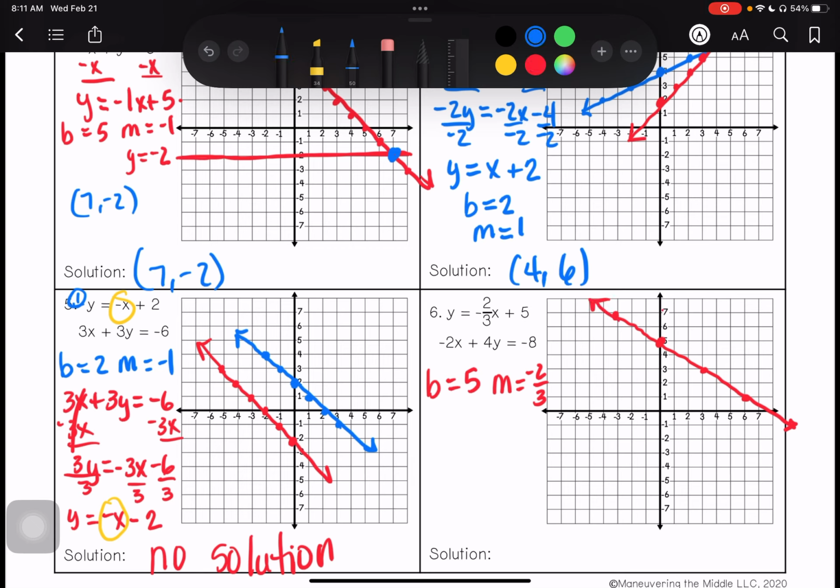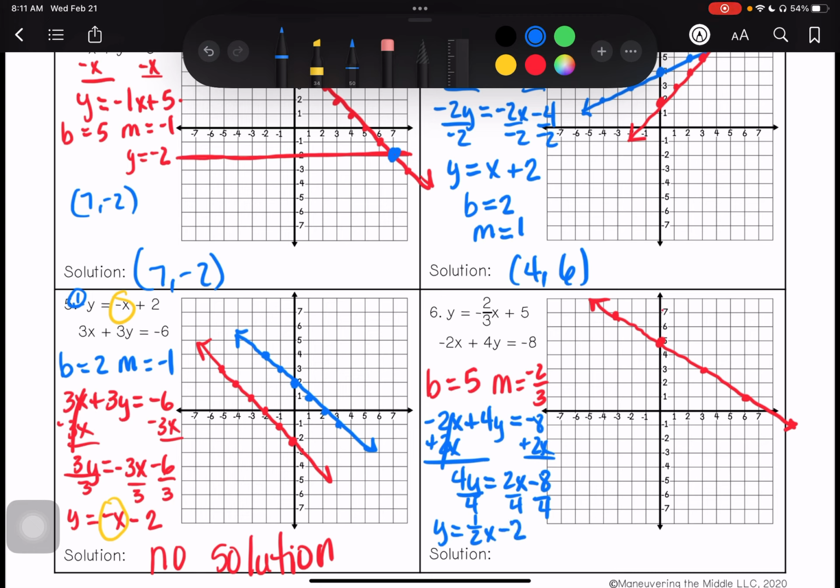For the second equation, we want to add 2x to both sides because we're trying to put it in slope-intercept form. This cancels and you're left with 4y equals 2x minus 8. Divide everything by 4 and y equals 1/2 x minus 2.